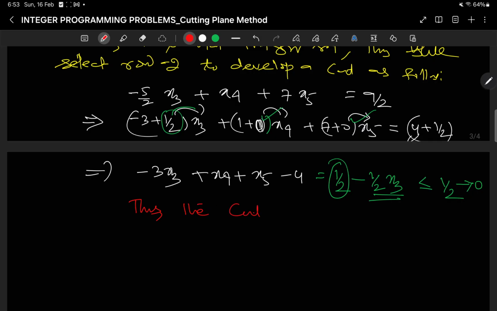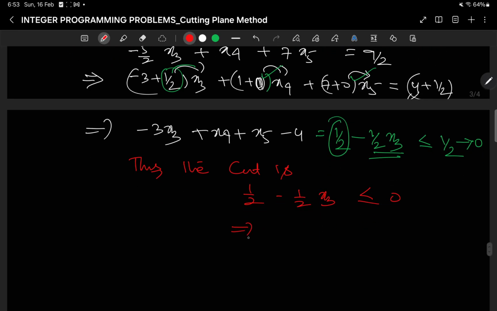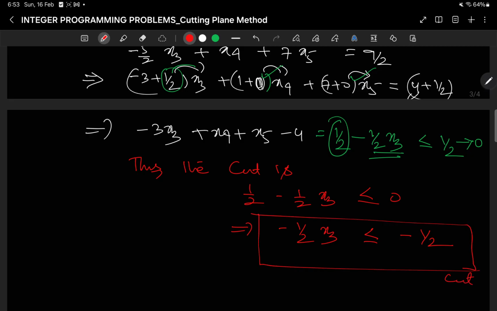So thus the cut is half minus half x3 is less than or equal to 0, which implies minus half x3 is less than or equal to minus half. So this is the cut here.